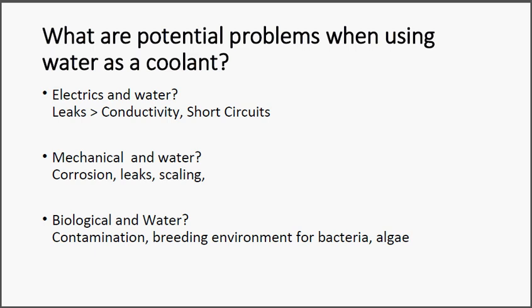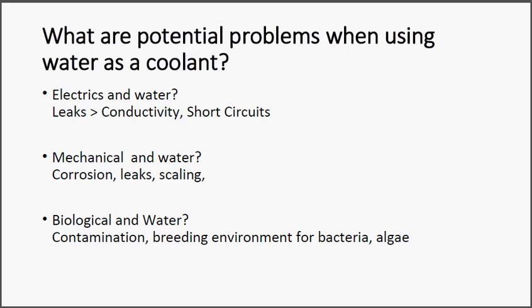What are potential problems using water as a coolant? Quite a few, actually. Again, electrics. A lot of electrical components are cooled using air or oil. We've got oil-based radiators, and for example transformers are filled up with oil.